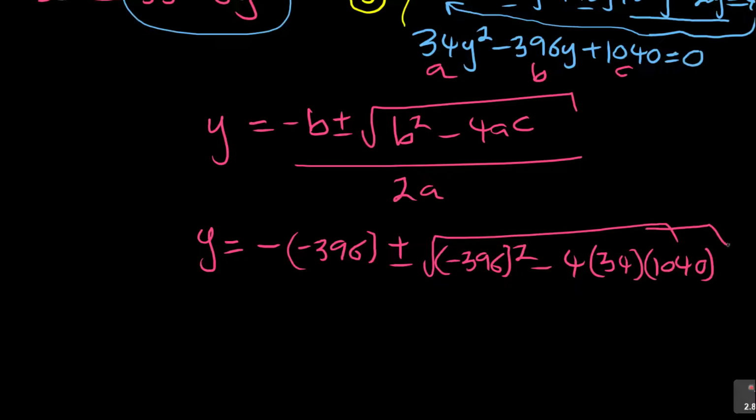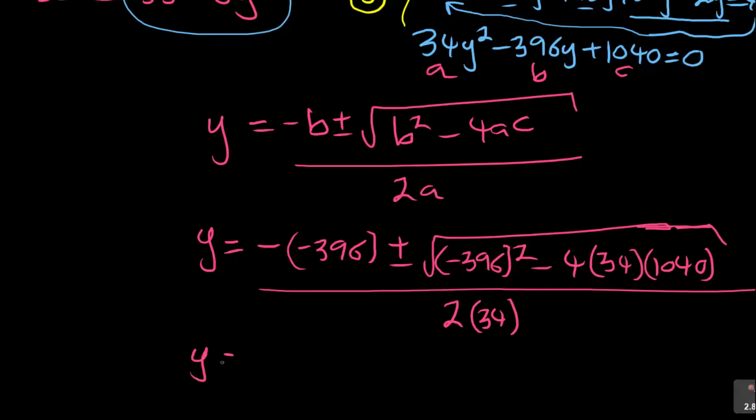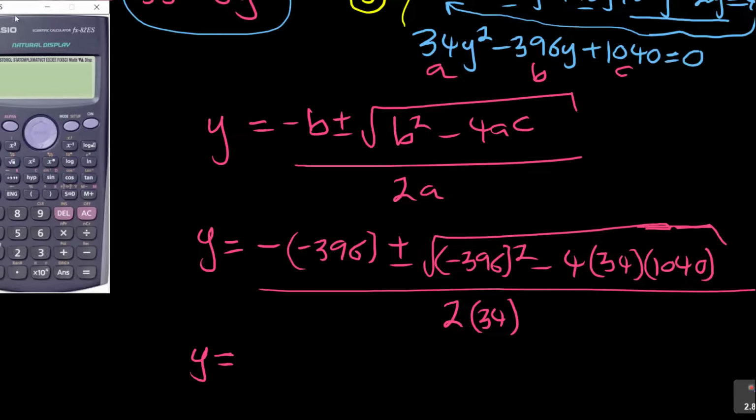So we can extend that, and then all over 2, and my a is bracket 34. This can give me two answers here. The two values of what? Of y. Let's look at that.